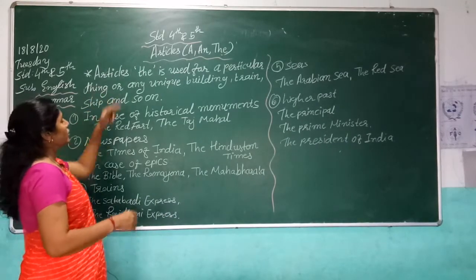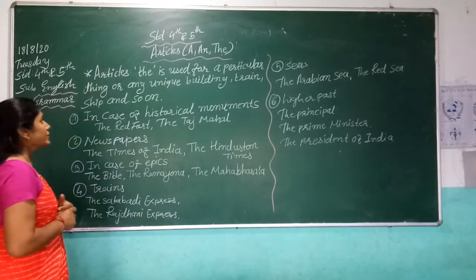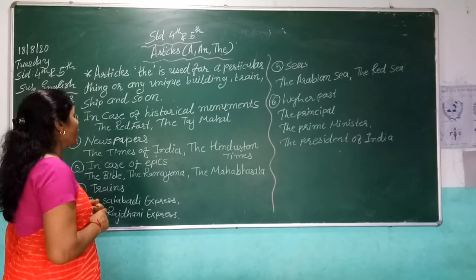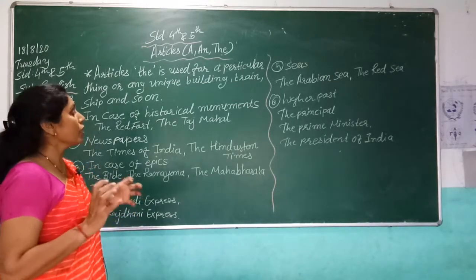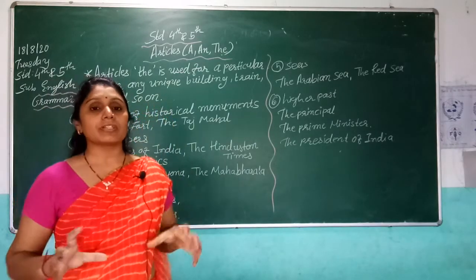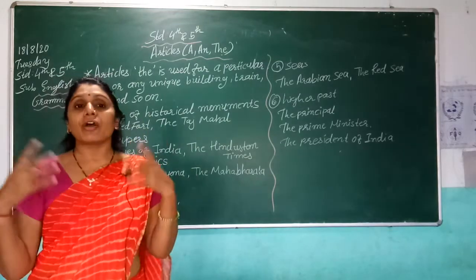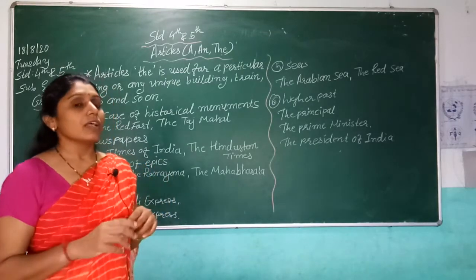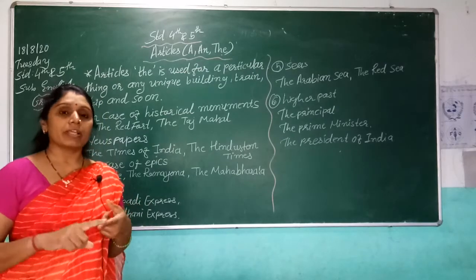The is used for a particular thing or any unique building, train, ship, and so on. So the article mostly is used with a particular name, particular person, particular job, particular sea, particular continents, particular mountains, particular rivers. So we can use the article before it.